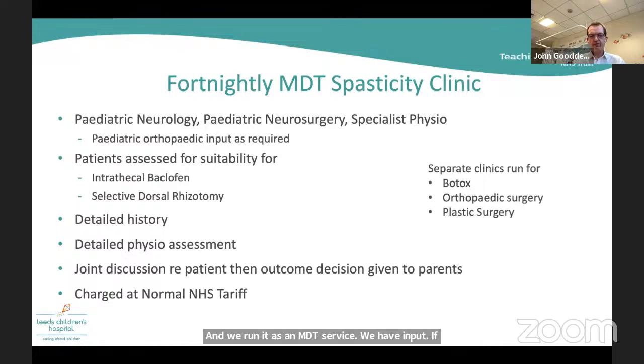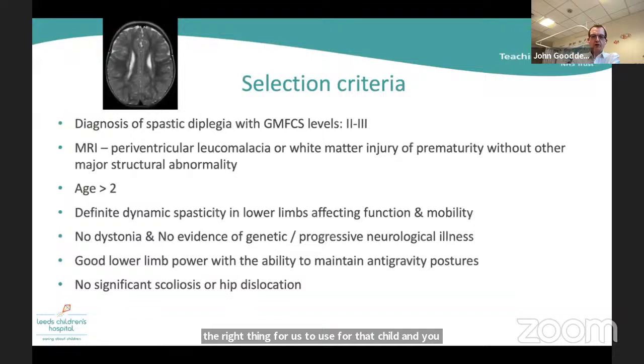And this is the thing: SDR is one of the treatment options on a shelf with different options, and we're not trying to fit children into an SDR box. It's one of a range of treatments. We've just heard about ITB, heard about peripheral neurotomy. These are other treatments for spasticity, and the question is which is the right thing for us to use for that child. And you need the multidisciplinary team approach to consider that.